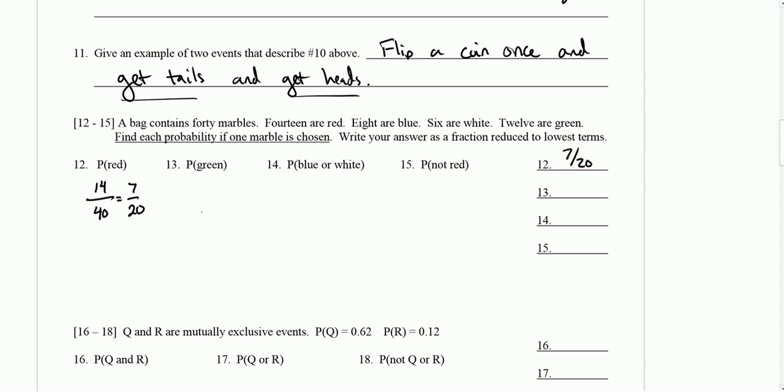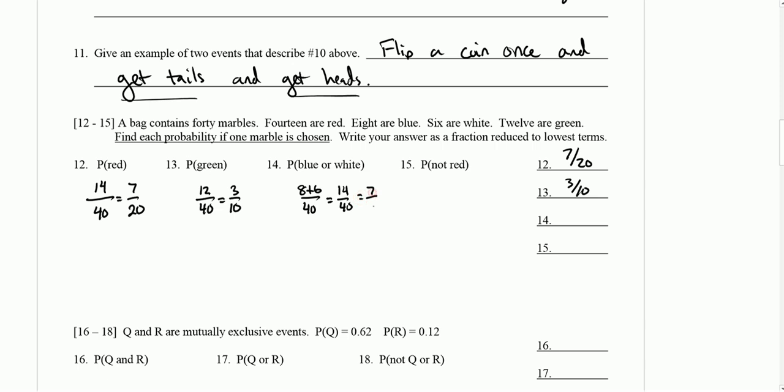Green, there are 12 green out of 40. So I'll reduce that. You could divide them both by 4 and get 3 out of 10. Blue or white, well, there are 8 blue and 6 white, and they're mutually exclusive, so we could just add them together. 8 plus 6 over 40. 8 plus 6 is 14.